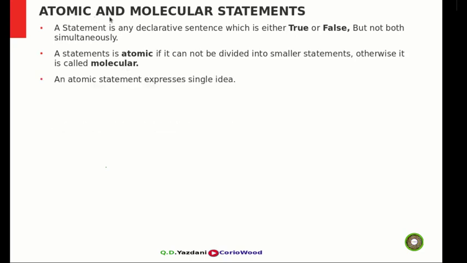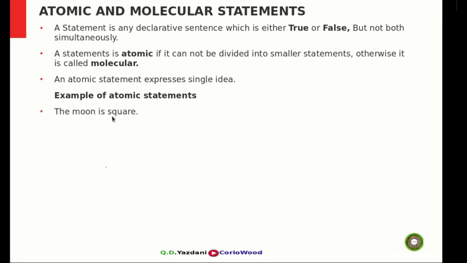So the difference between atomic and molecular statements is that a statement is atomic if it cannot be divided into smaller statements. Otherwise, it is called molecular. An atomic statement expresses a single idea. So we're going to present some examples of atomic statements.